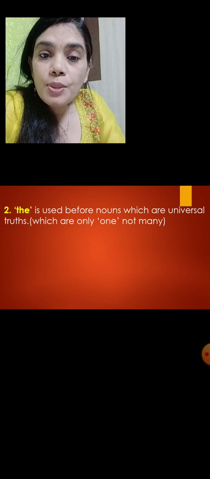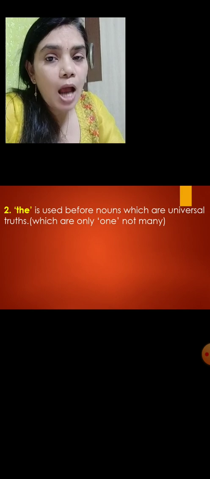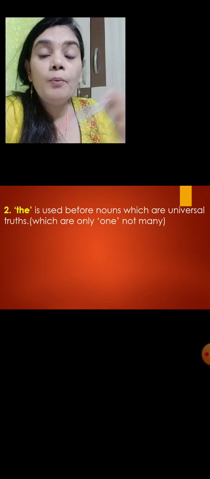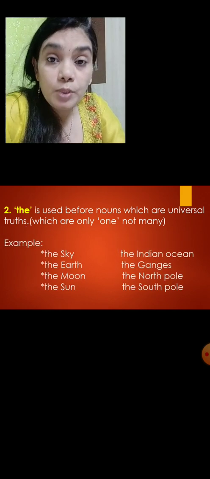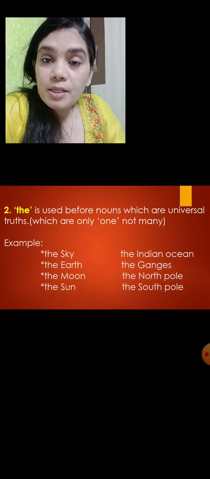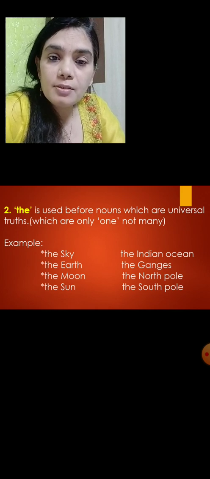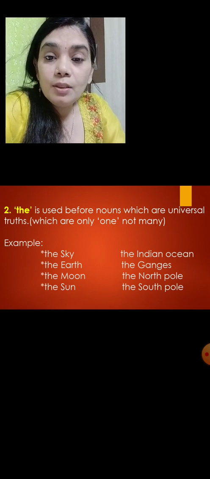Our next usage of "the": it is used before nouns which are universal truths, meaning which are only one, not many. If you say pen, we have many other pens also. So let us see what the universal truth words are. Here it is: the sky. Are there many skies? No, so it is specified. The sky, the earth, the moon, the sun.